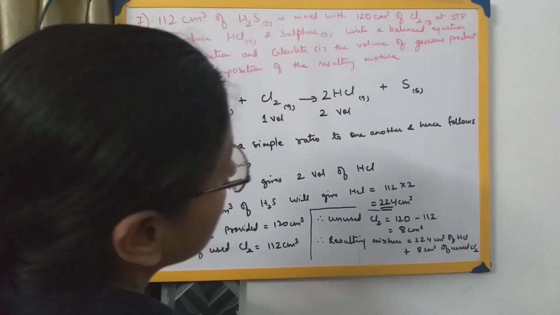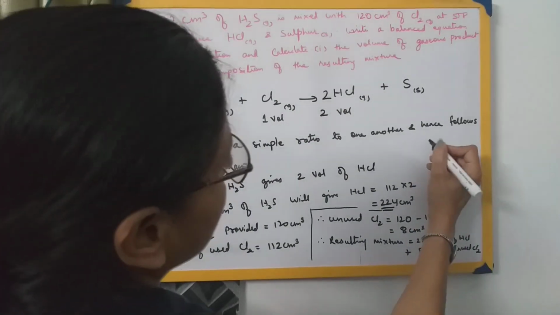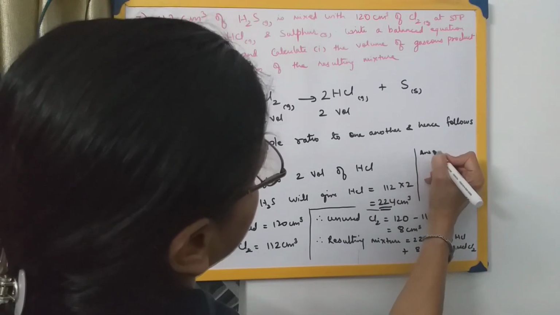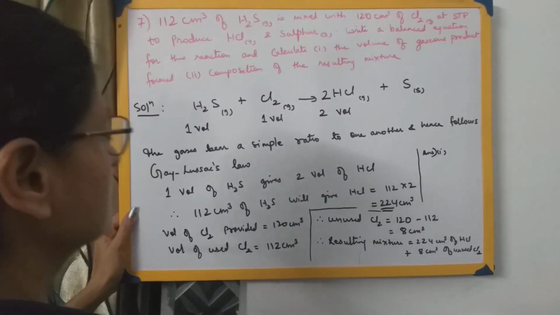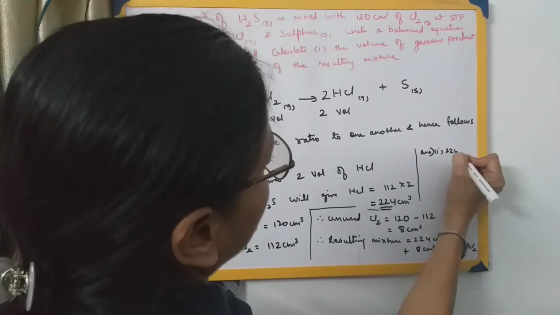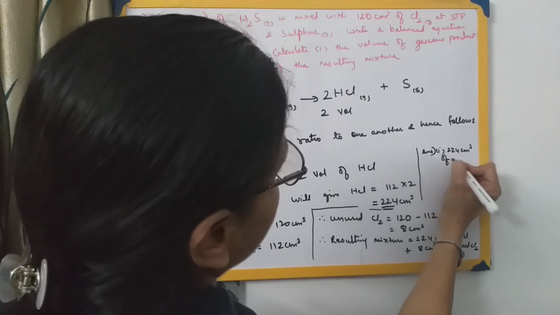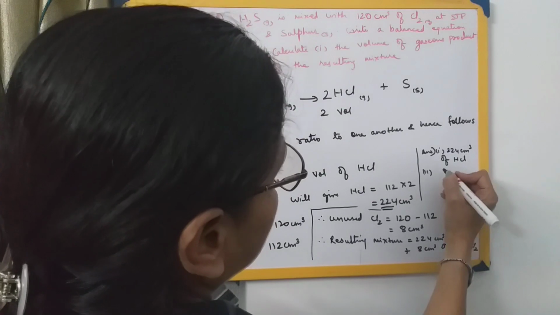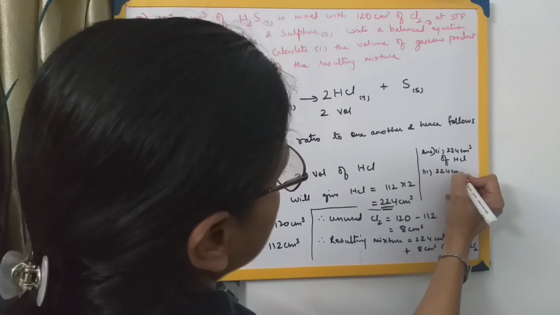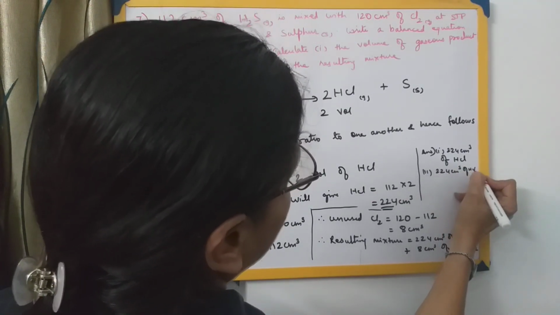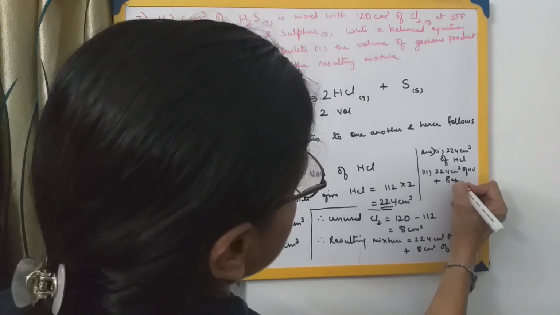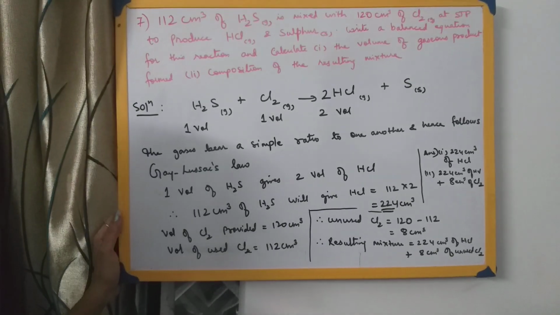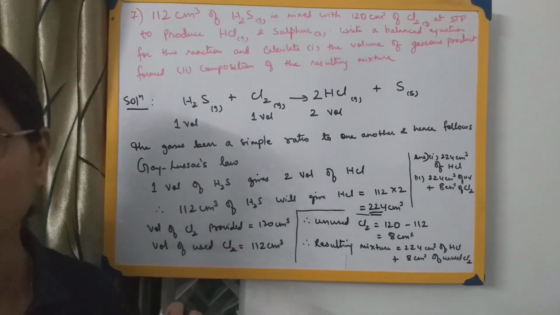This is your resulting mixture, and in the end you can again write down the answer. Answer 1 is 224 cubic centimeter of HCl, and 2 will be 224 cubic centimeter of HCl plus 8 cubic centimeter of chlorine. This is your answer. So we'll finish with the next sum.